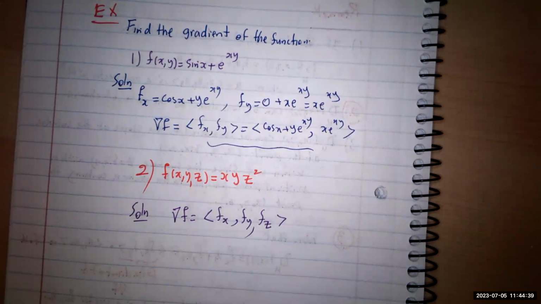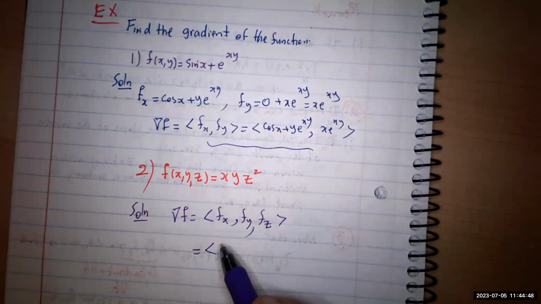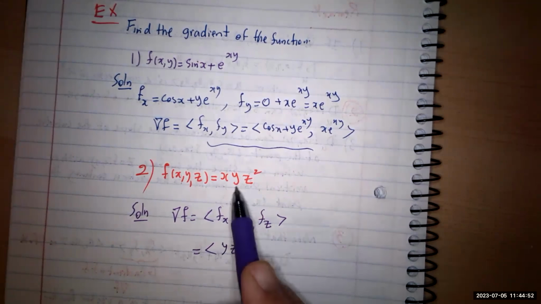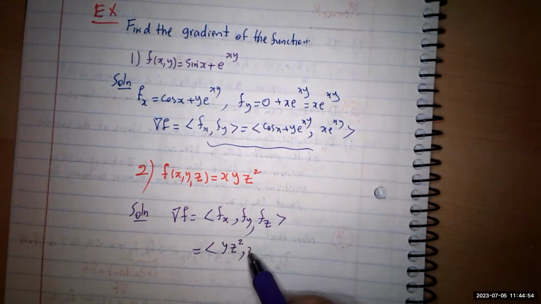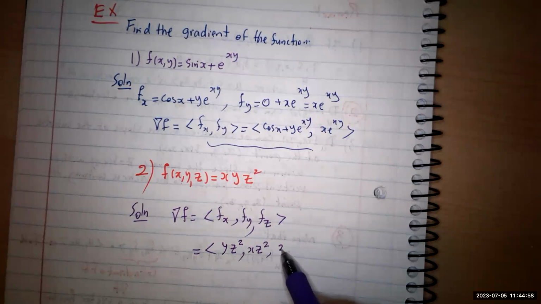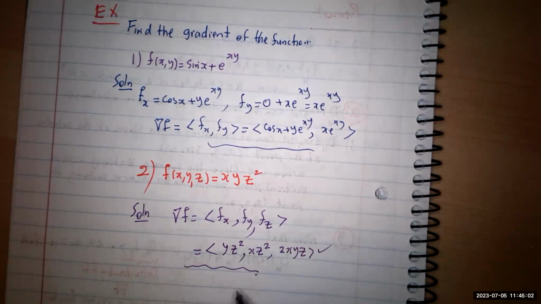And you can find it right away here. With respect to x would be y z squared. With respect to y would be x z squared. And with respect to z would be 2xyz. So that gives you the gradient vector, and you're done.